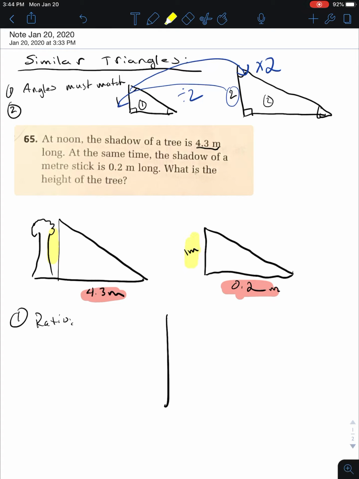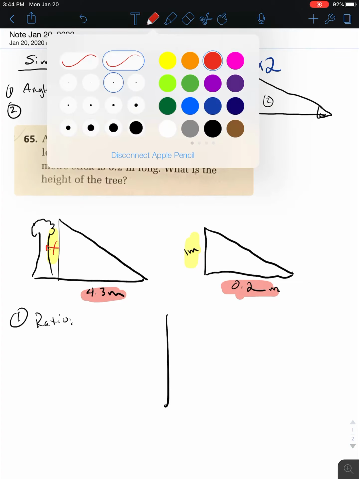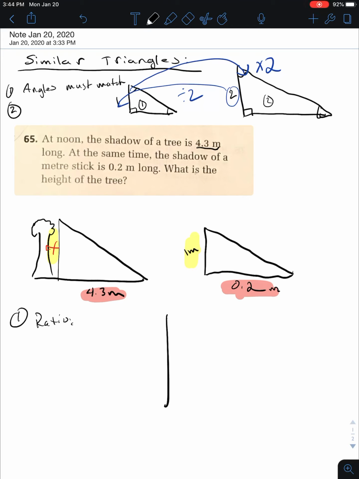The vertical stuff goes with vertical stuff, and the horizontal goes with the horizontal. If x, the height of the tree, is the piece of information I want to know, then I could set this up as x over 4.3 is equal to 1 over 0.2.